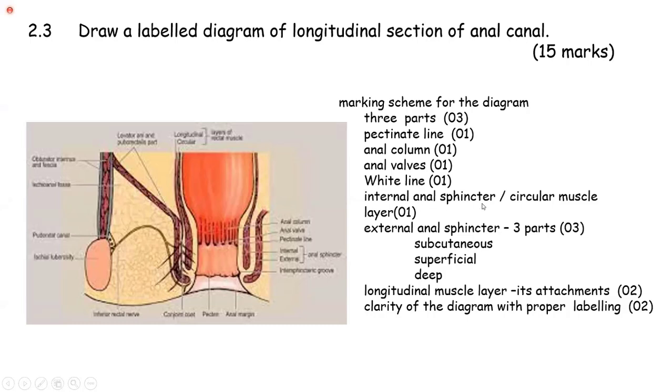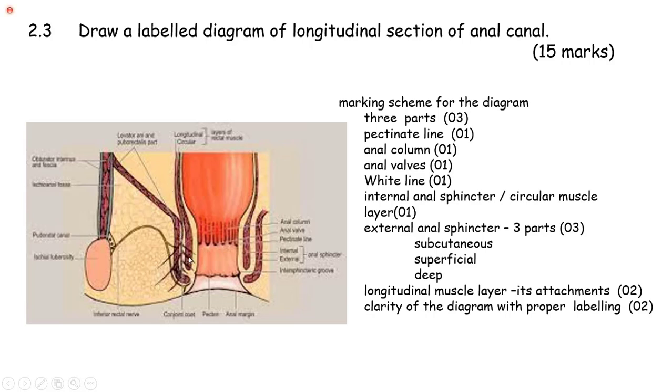Or the circular muscle layer of the hindgut, anything. And you should show the external anal sphincter, and these 3 parts should be there: subcutaneous, superficial, deep. In addition to that, show us the longitudinal muscle layer.